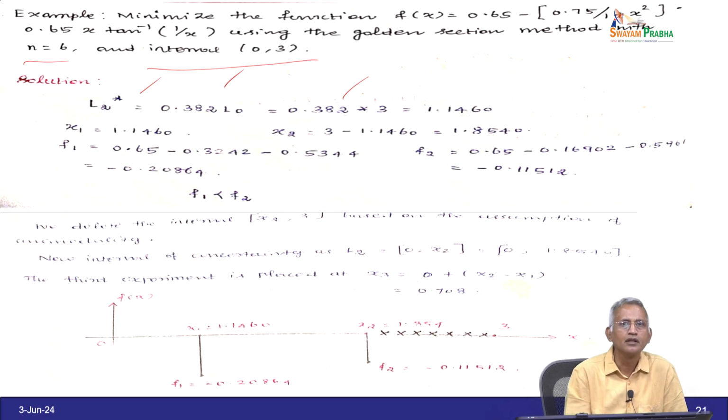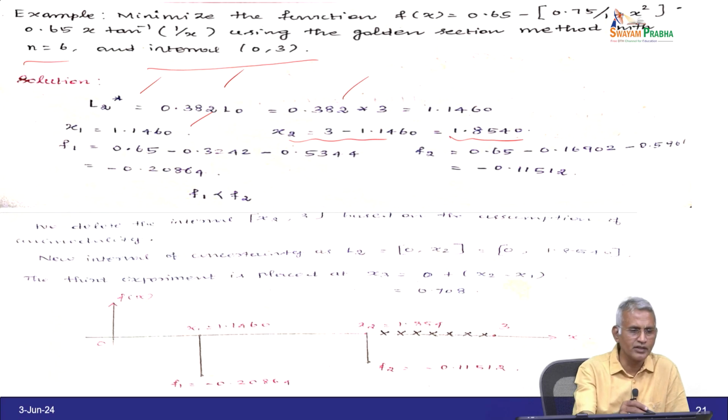Now, x1 equal to 1.1460 and x2 equal to the maximum limit 3 minus 1.1460, so that 1.8540 will come, that is x2.